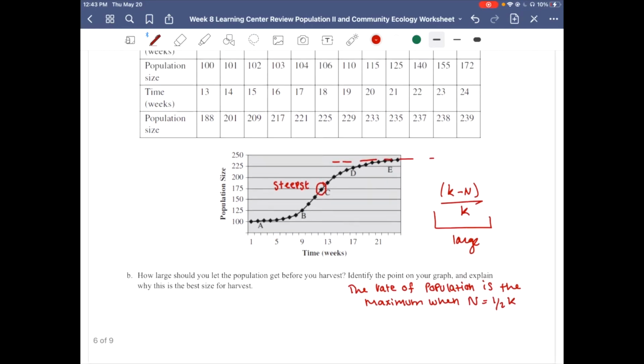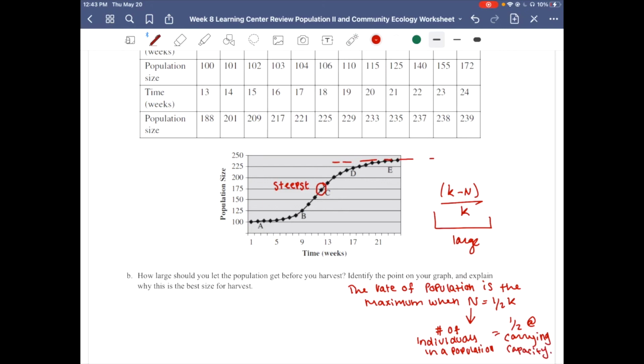Another way to translate this is we know n is the number of, I don't want to say people, but the number of individuals in a population. And it's saying that the growth in individuals is the greatest when we are at 1/2 of carrying capacity. Remember that K is carrying capacity.